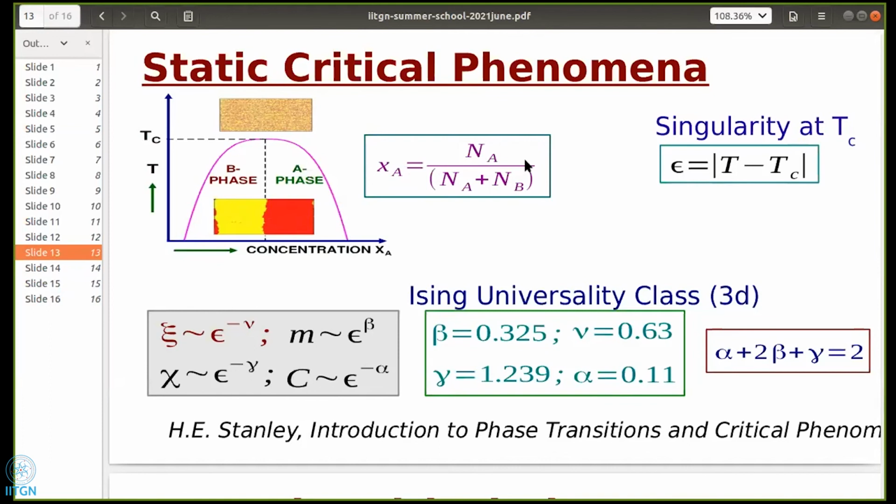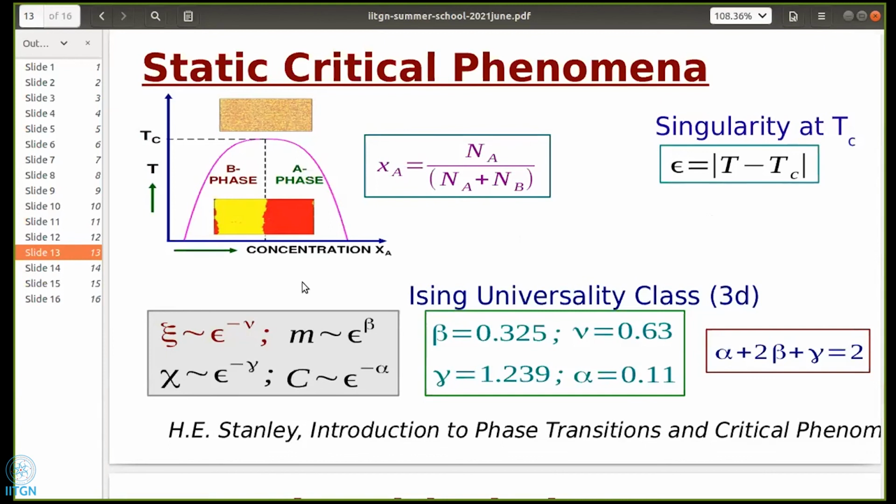To quantify this singularity, one typically defines a reduced parameter, epsilon, which is T minus Tc by Tc. It tells you how far you are from the critical point in reduced magnitude.